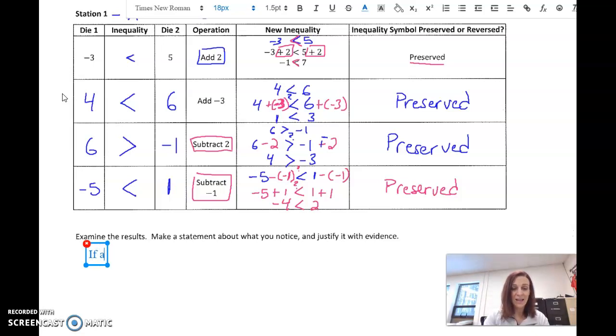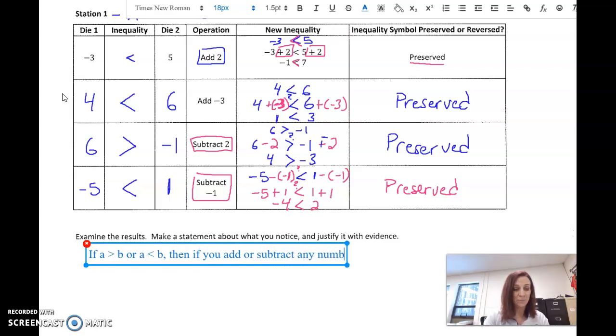If A is greater than B, or A is less than B, then if you add or subtract any number, the inequality symbol is preserved.